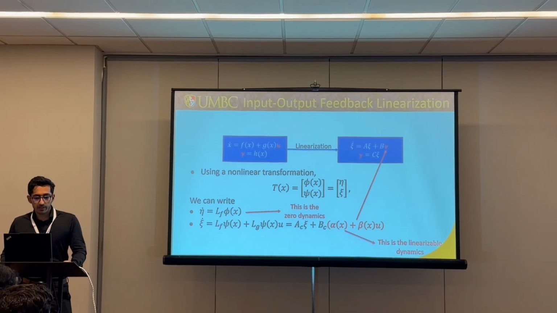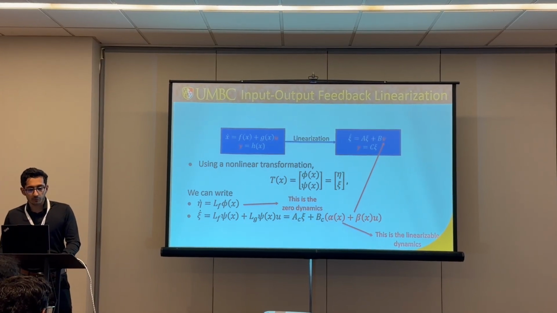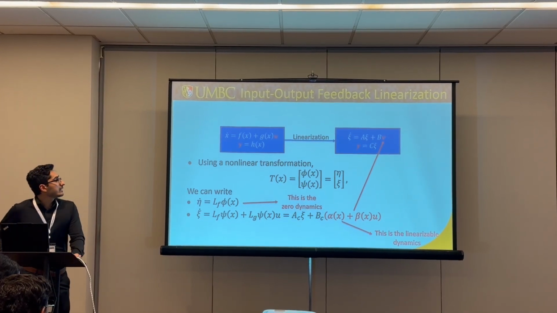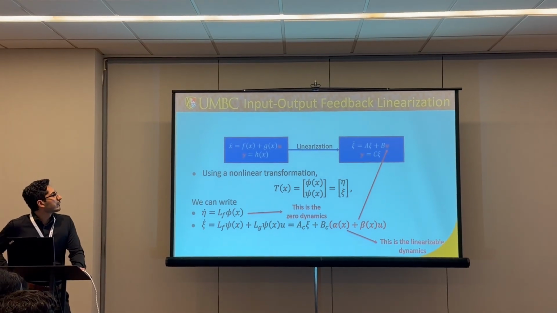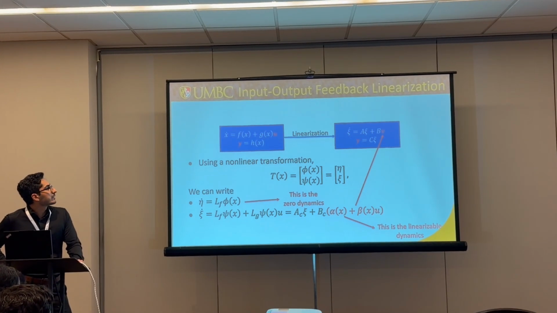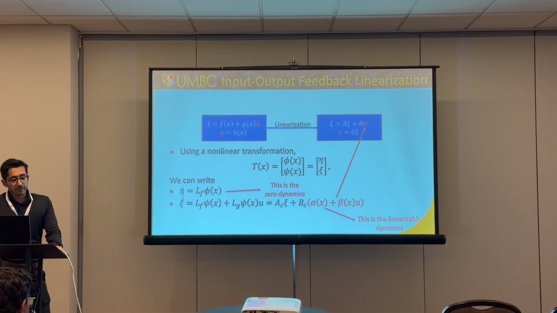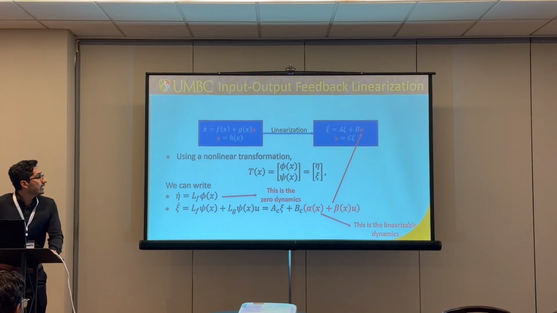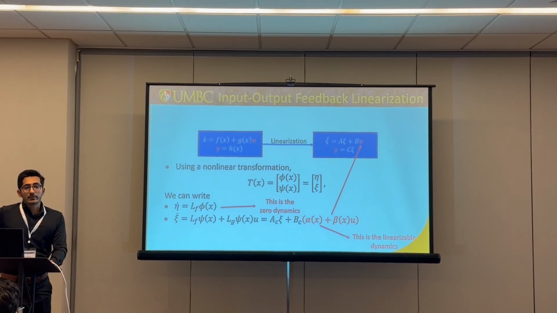We want to use the input-output feedback linearization control method. Given a system in the nonlinear control affine form as x dot equals f of x plus g of x u, we have our measurements or output as h of x, and we want to linearize our system with feedback.